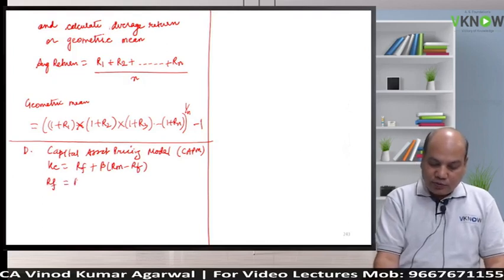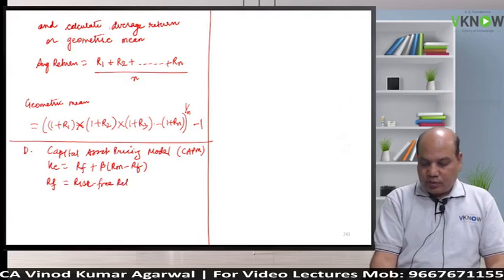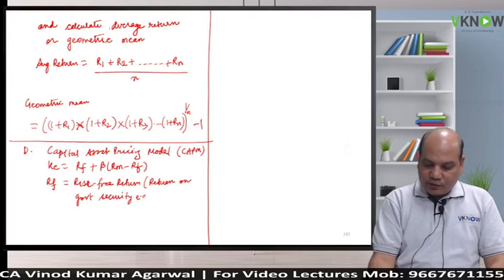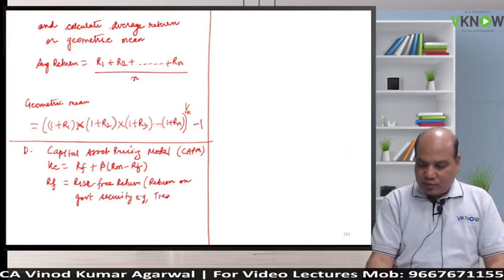RF means risk-free return. Risk-free return means return on government security. For example, treasury bond.